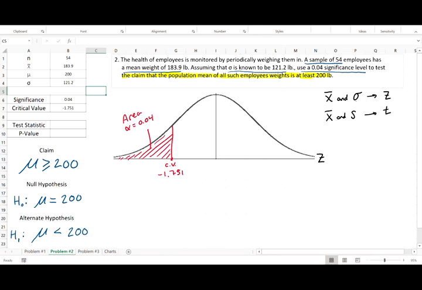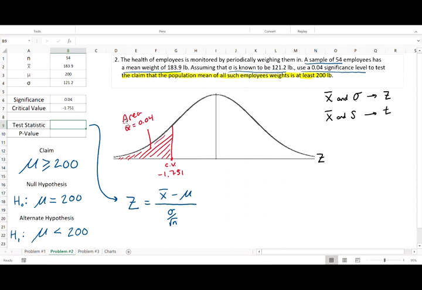Okay, so now for our test statistic, which again in this case is a z-score, it's the difference between the sample statistic and the population parameter divided by the standard error, which for the mean is standard deviation over the square root of n. Okay, so let's type that into Excel. Equal parentheses x bar we have right here minus mu, which we have right here in B3.